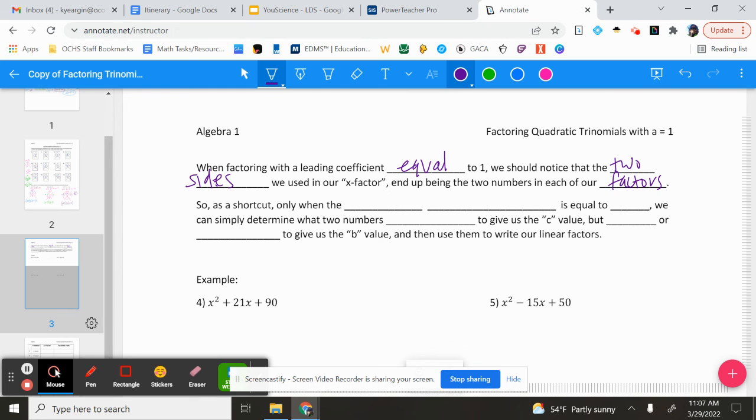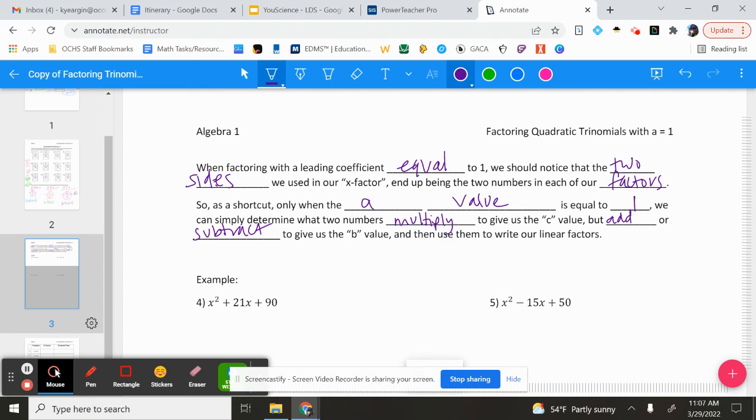So as a shortcut, only when the a value is equal to 1, we can simply determine what two numbers multiply to give us the c value, but either add or subtract depending on what we're looking at to give us the b value.